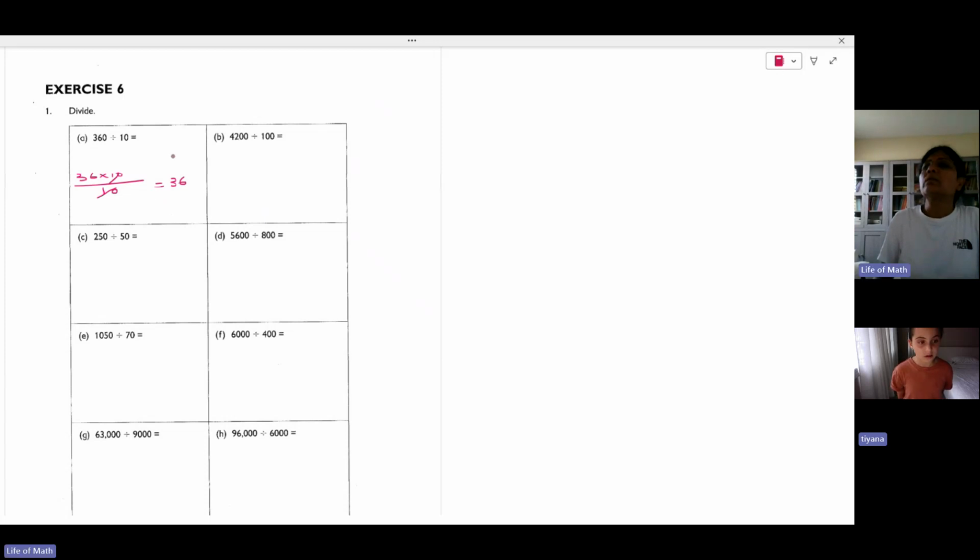What I do here is I take out one of the zeros because both have a 10. If there are two zeros, I take out two zeros. So the answer is 42. I take out a 10. Now I see 25 divided by 5. That's a 5. Next one. Questions on this technique? No questions? Then complete the page.